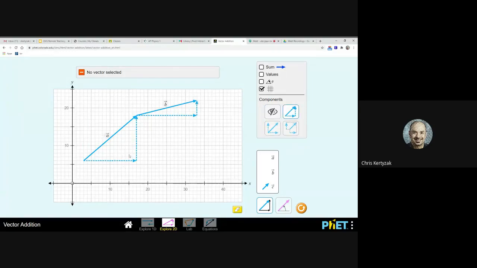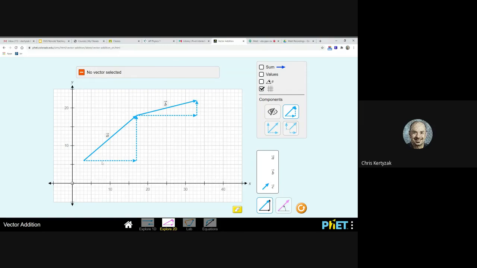Here's the visualization of those components. This one right here is AX, this is AY, this is the length of BX, this is the length of BY. I think it's pretty similar to what I drew. I'll stick with it. So those are the components.